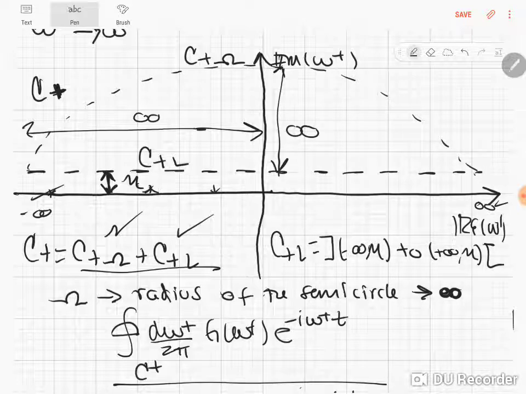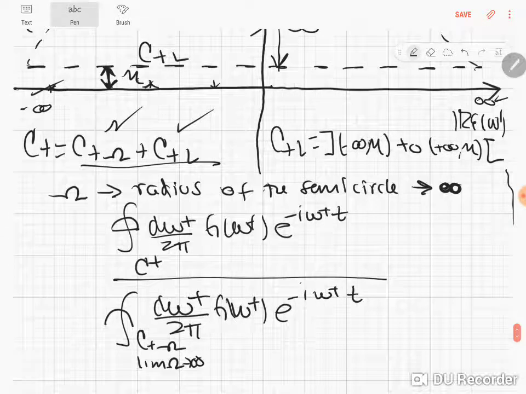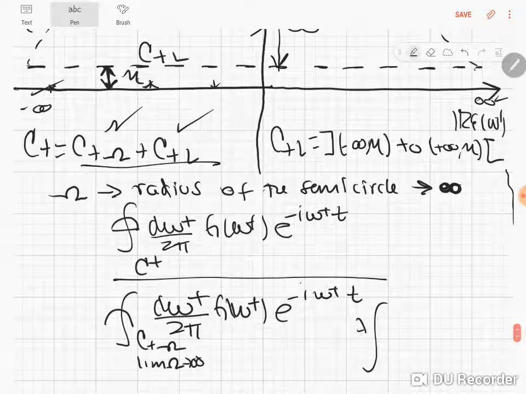So the integral on this contour, a straight line which we denoted as C plus L, makes omega have only a real part, because eta is infinitesimal. So the value of eta is constant and very small, okay?